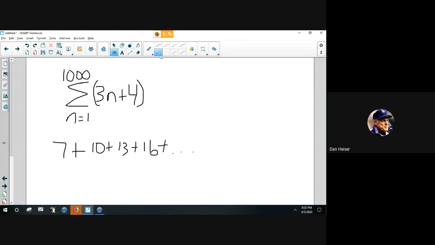And if you remember how to sum an arithmetic series, we have the number of terms divided by 2. We need the first term. We need the last term. In this example, here's our first term.